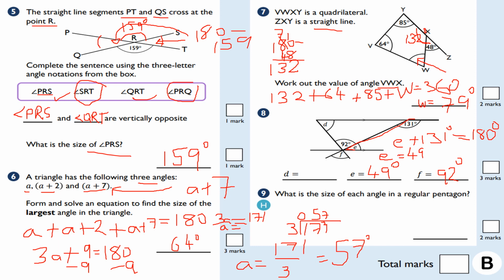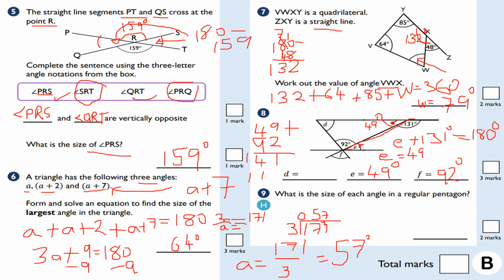Now for D, well, that's also going to equal 49 because that's what I call alternate angles with E. So these two are alternate. This one here and this one here are what we call alternate angles. Angles in a triangle add up to 180. So 49 plus 92, plus D has to equal 180. 9 plus 2 is 11, carry the 1. 4 plus 9 is 13, plus the 1 is going to be 14.